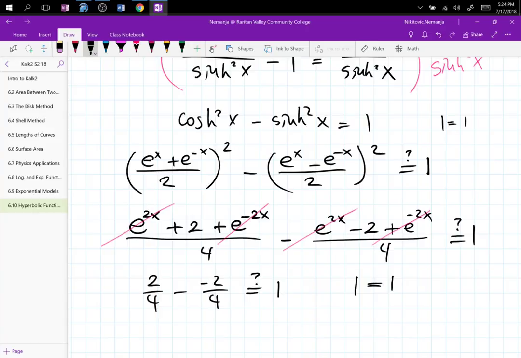We really don't have time to go through every single detail. A very worthwhile exercise for all of you is to look into the graphs of all 6 of these hyperbolic functions and see what they look like, to have an idea where to apply them.